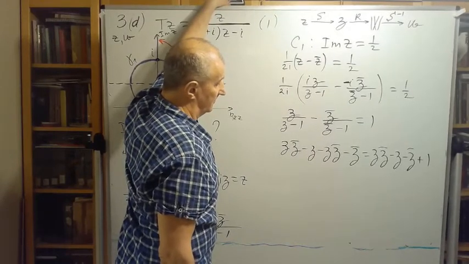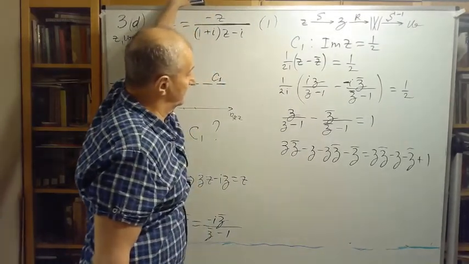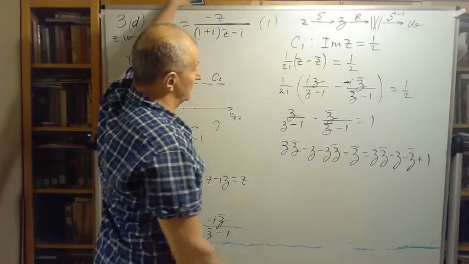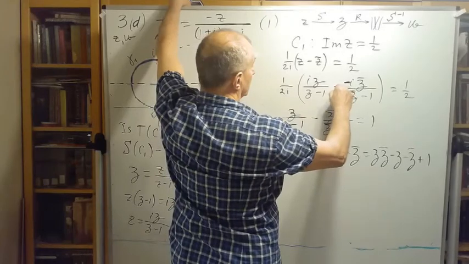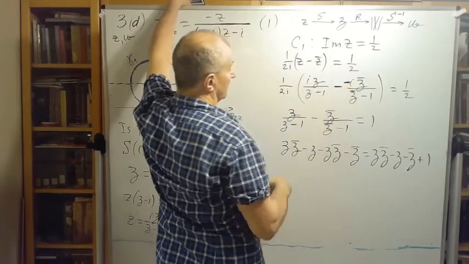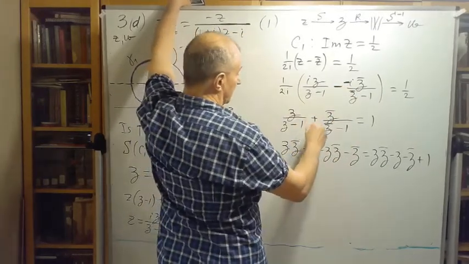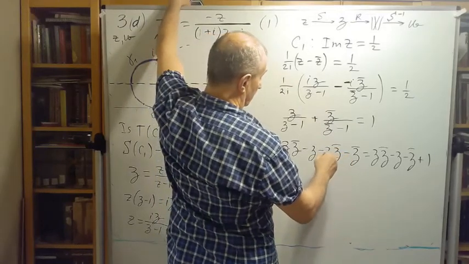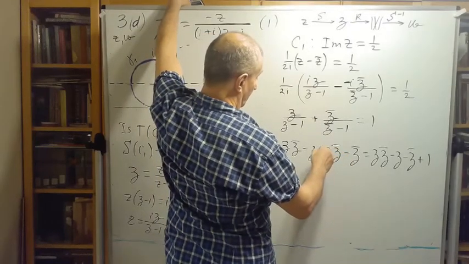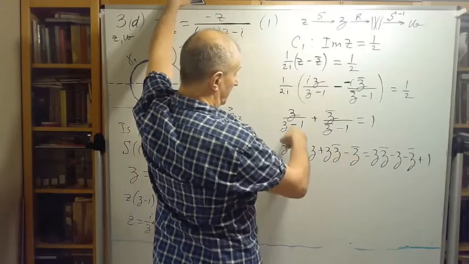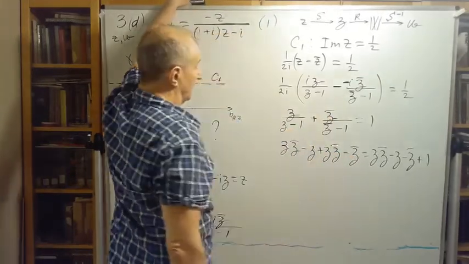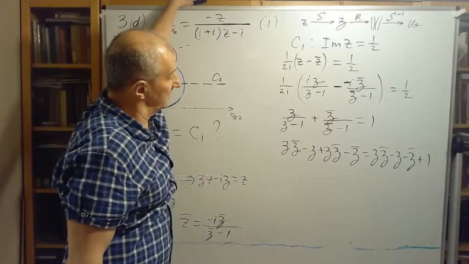Is it right? No, it's not right, because it must be plus here, right? It is minus and another minus, and we reduce by i, so it must be plus here. I think it is right now.